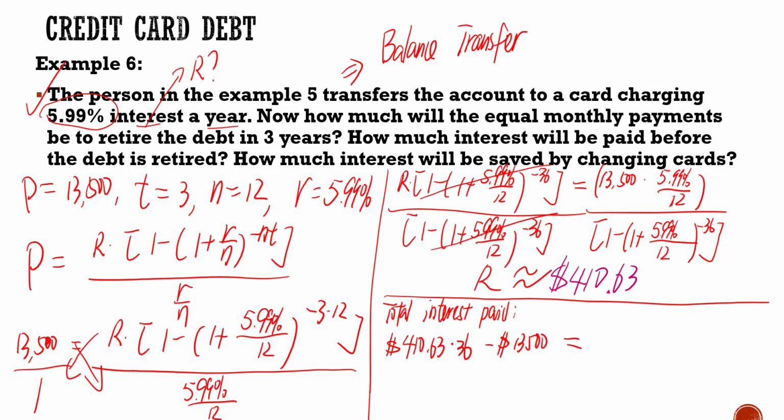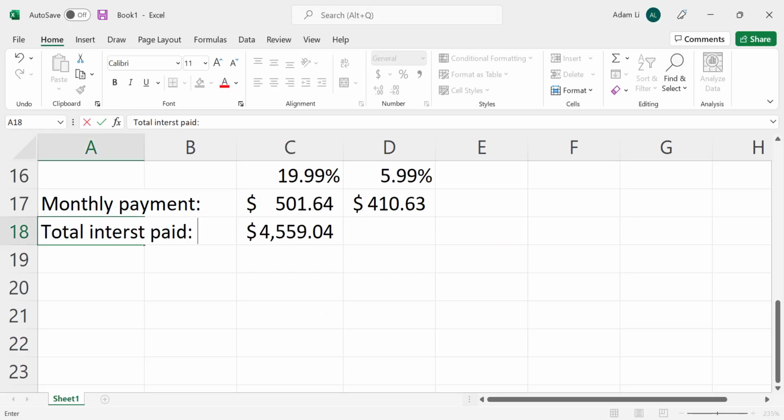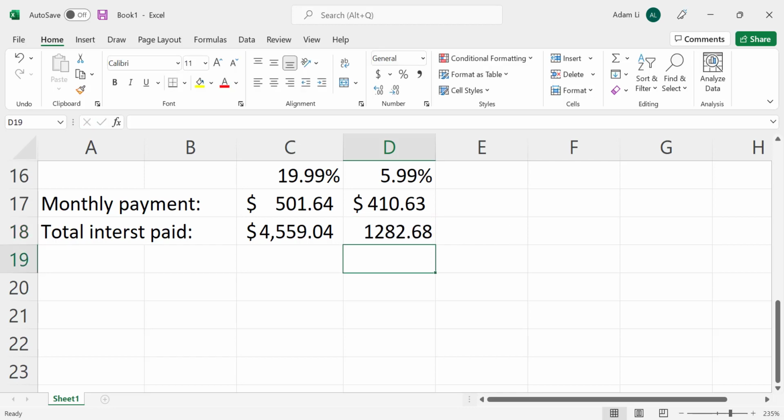So the difference is the interest paid to the credit card company. Let's see how much that is. We do 410.63 times 36 payments minus 13,500. The difference is what we call the interest paid.